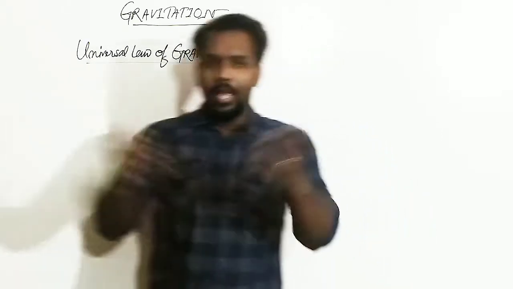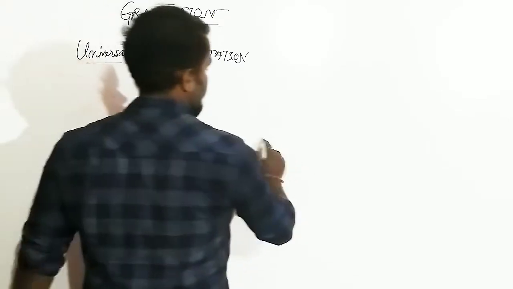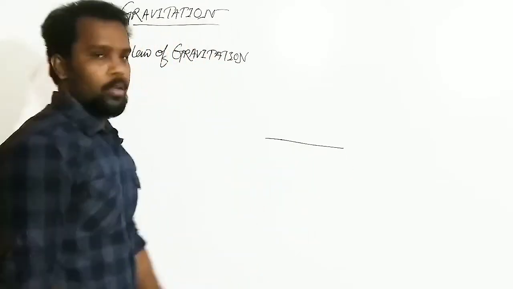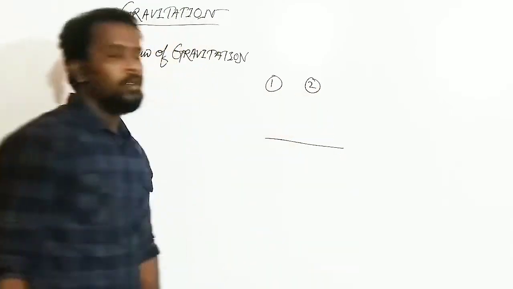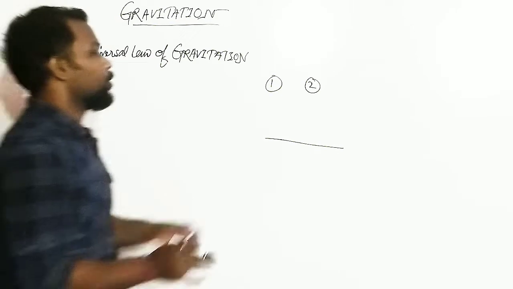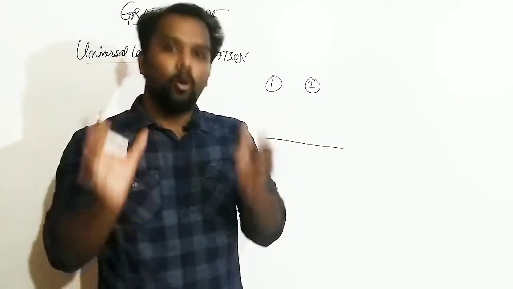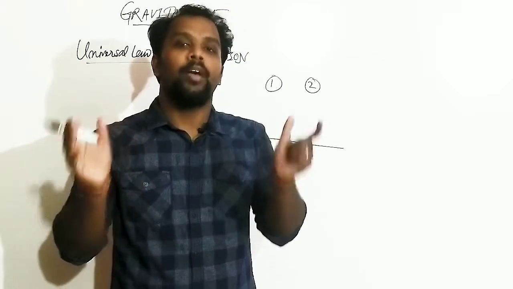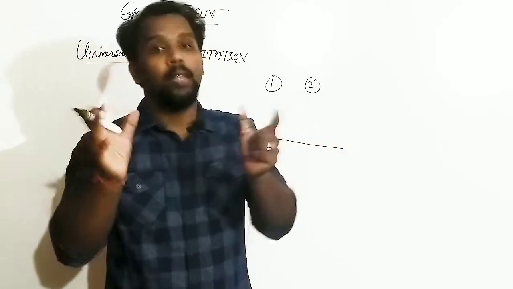Consider one thing. Again, let me show you. Just try to understand properly. This is the ground. This is one ball. This is the second ball. The concept of gravitational force says that every object in this whole universe has some amount of attractive force, gravitational force, between them.